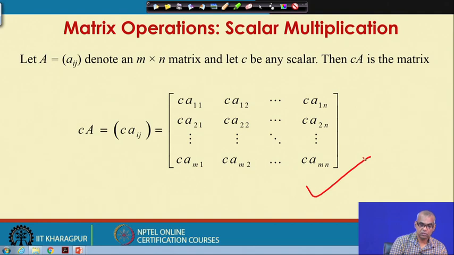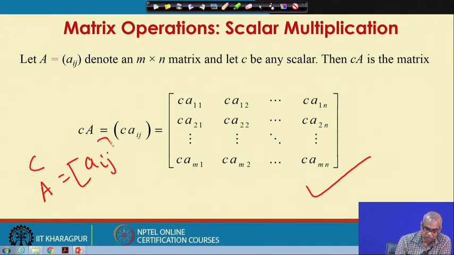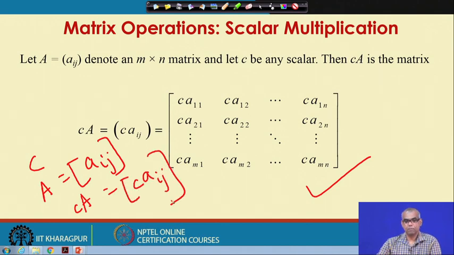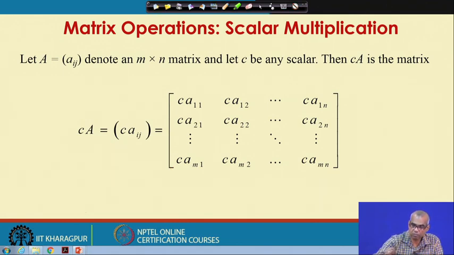So, c is a scalar, A is a_ij. So, cA will be c a_ij. So, each element of A will be multiplied by the scalar c.